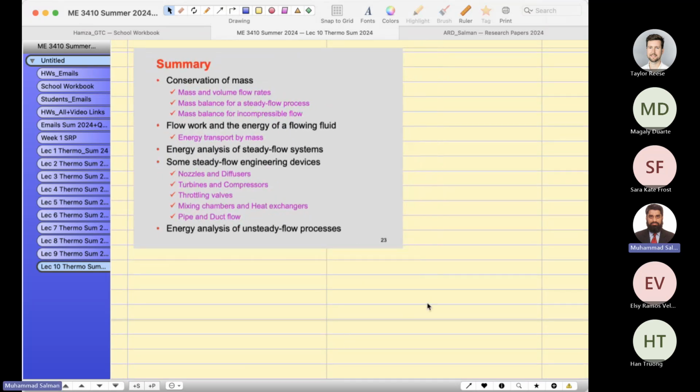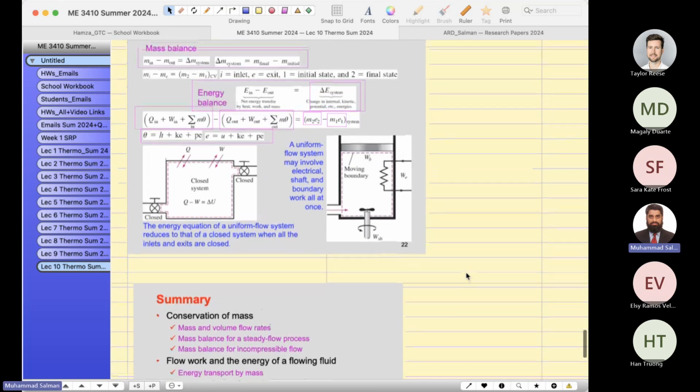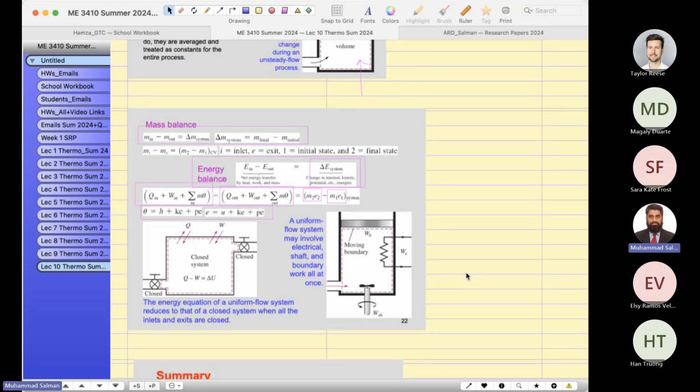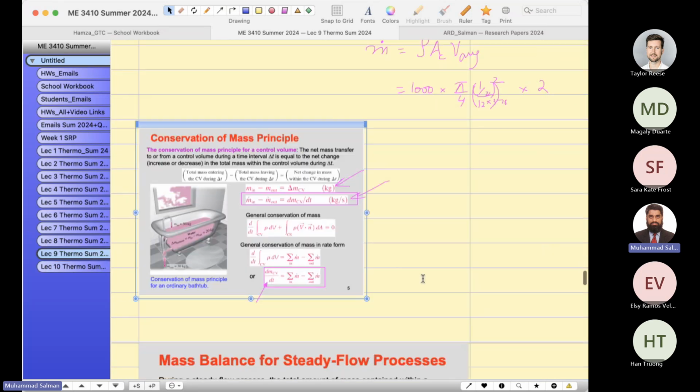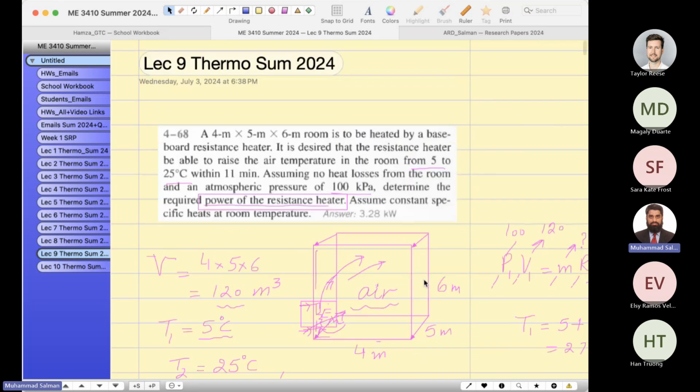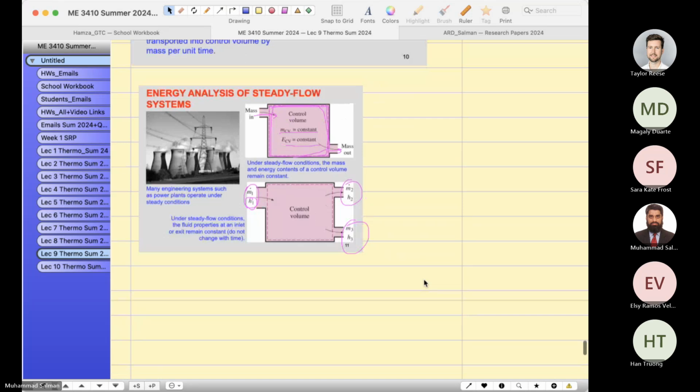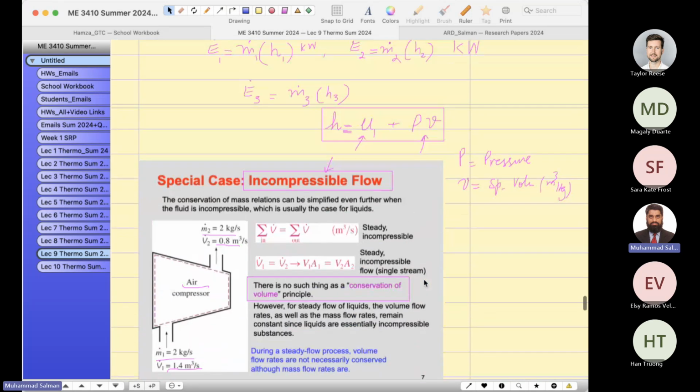So this is our last slide. What we learned in our slides, this is about the mass balance and energy balance. You learn two main things for open system or control volume. The whole two lectures were about mass balance and energy balance for open system.